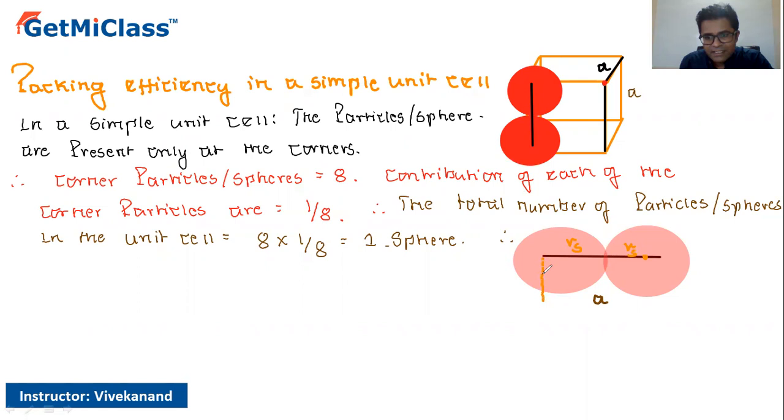So the edge length A is equal to 2 times RS, or we can also write it as 2 times R. Now what we have over here is the packing efficiency.